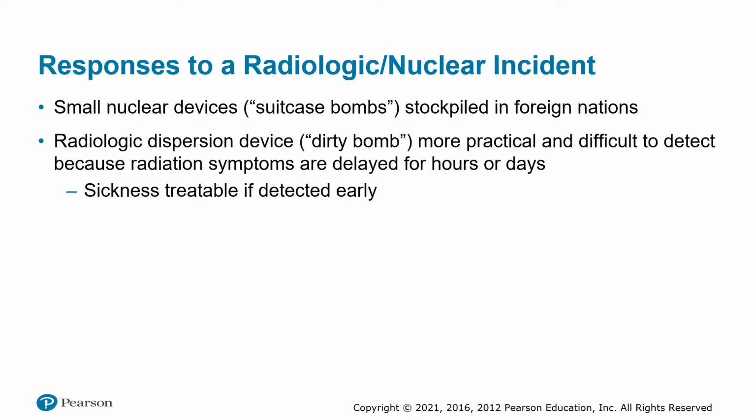Radiologic and nuclear incidents. Small nuclear devices such as suitcase bombs or shoe bombs may be stockpiled in foreign nations. A radiologic dispersion device, or dirty bomb, is more practical. These are difficult to detect because the radiation symptoms are delayed for hours or even days, and the sickness is treatable if it is detected early.